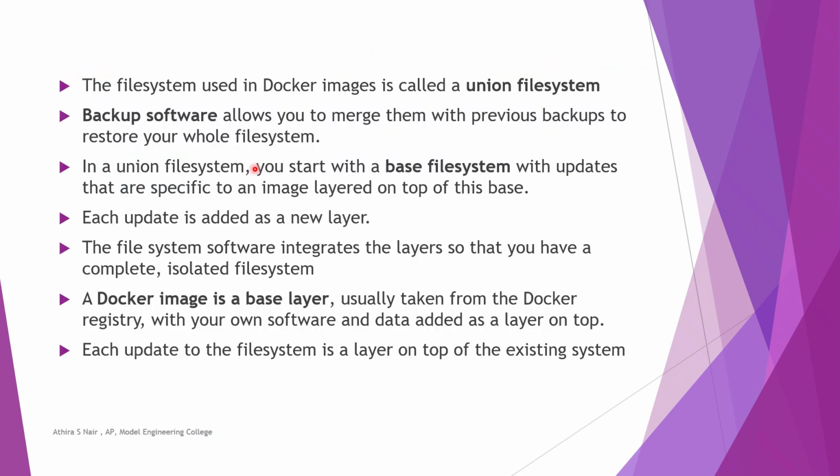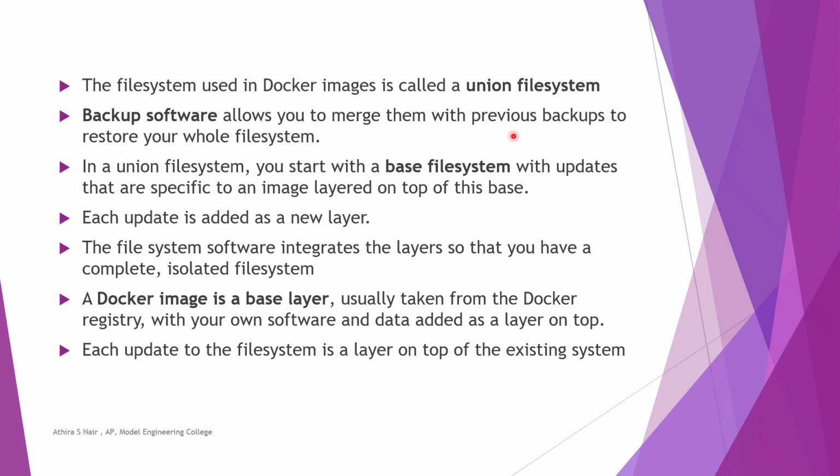So the file system used in Docker images is called a union file system. I won't go into details of this here, but it is a bit like an incremental backup where you can simply add the changed files to your backup. And backup software allows you to merge them with previous backups to store your whole file system.